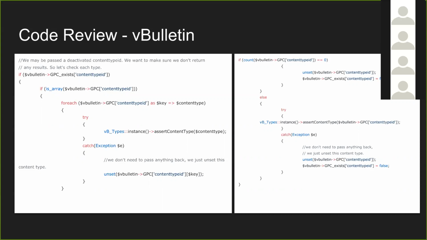First problem is these if statements could use some explaining via variables, like we talked about here. Also, probably the naming is not that bad, but for example, you have this VB types variable that's probably global somewhere, and for a developer that's coming in, it's pretty generic. VB stands for vBulletin, and then types.